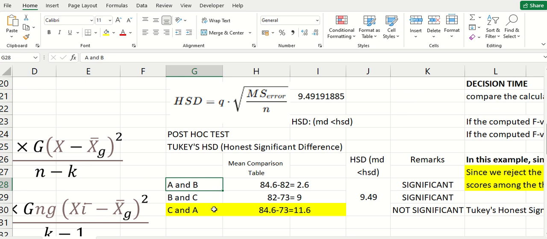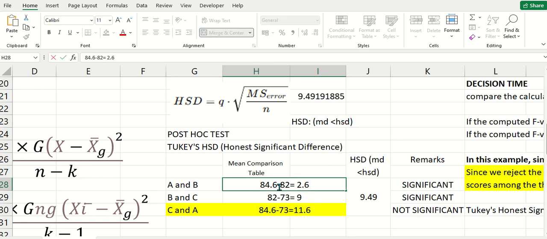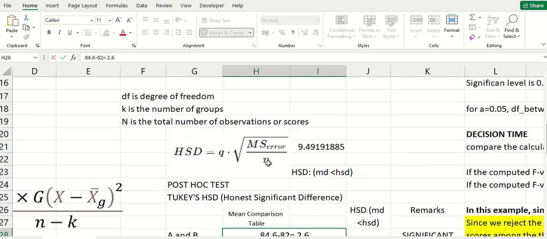So let's get the difference of each. We will find the mean difference, so we need the means first. The mean of teaching method A, if you can still remember, is 84.6.